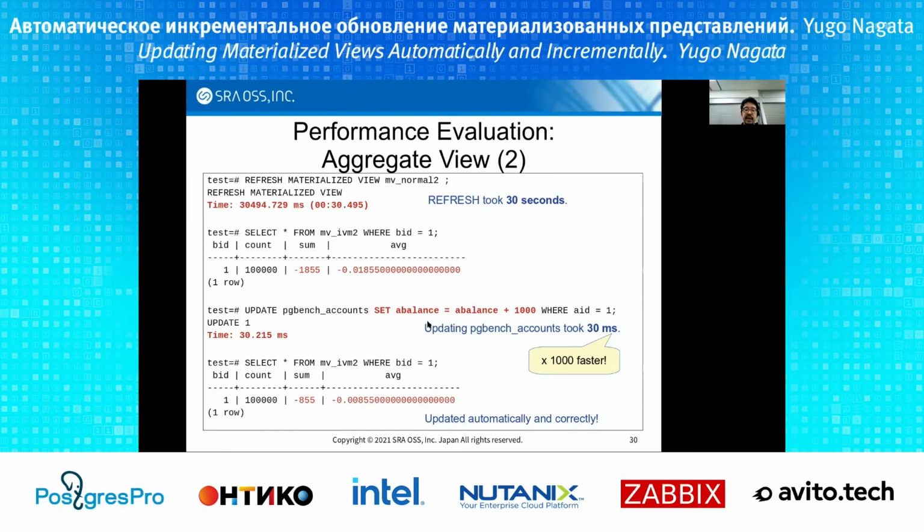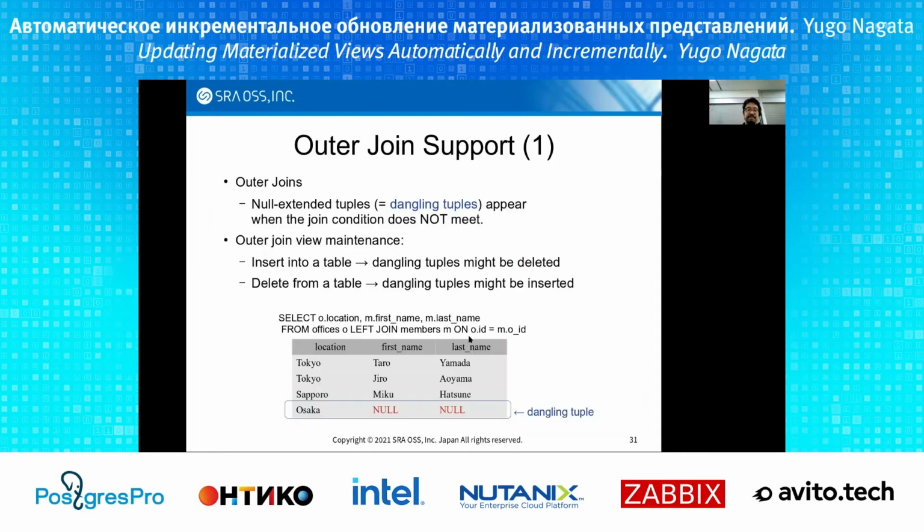However, updating a base table took only 30 milliseconds. And the view is automatically updated, and the content is of course correct. So the view is updated more than 1,000 times faster than the refresh command. Great.